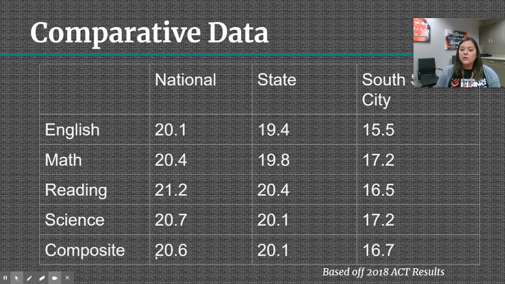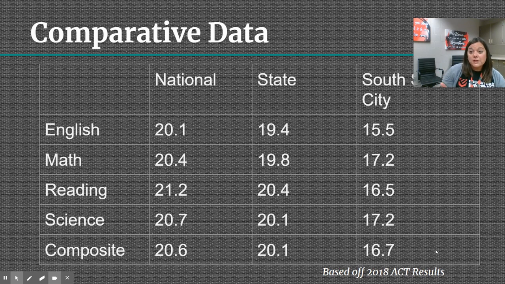And so we can take a look and see, how are other students doing in the state of Nebraska, and what are my chances, or how will I compare to students who are applying at the same schools that I'm applying to? And then again, it's really nice to see how we're comparing to other students within our school. And so you can see our school's averages, and you can see that we're a little bit lower than both the state and the national average here in South Sioux. And so hopefully we can see some growth in those areas soon.